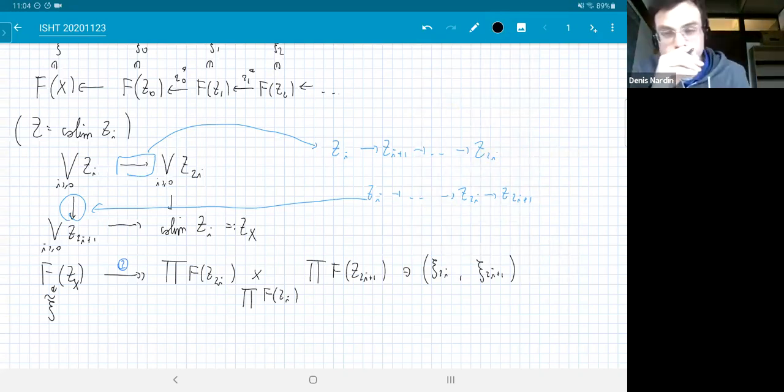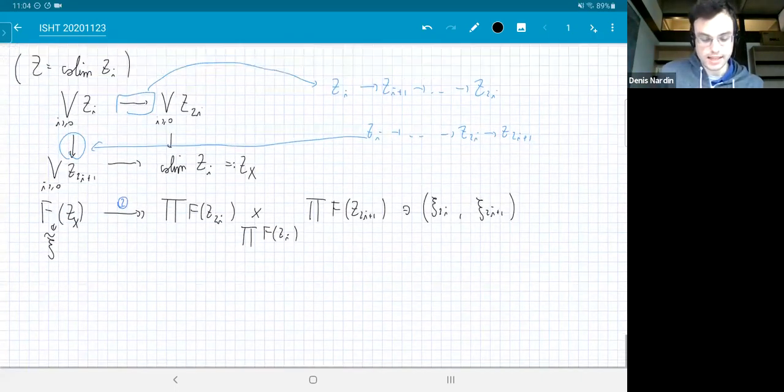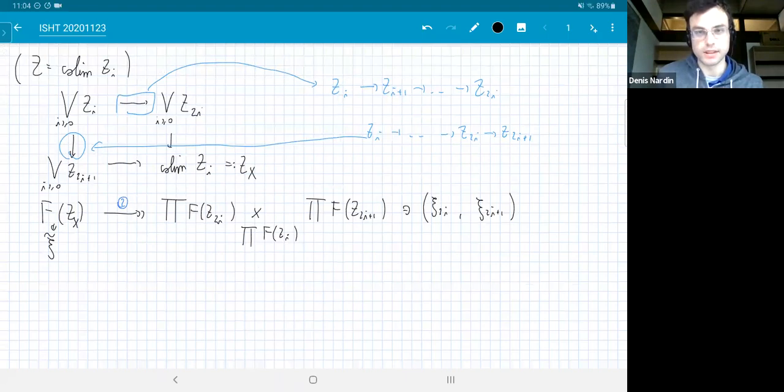Okay, now I just need to show you that this Z_x has the properties that we wanted to have. So we have a map.